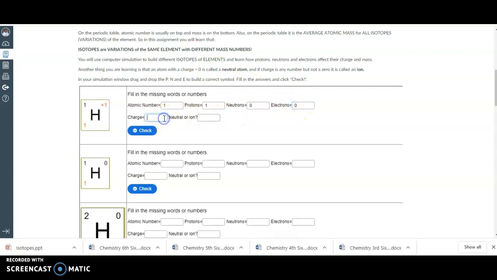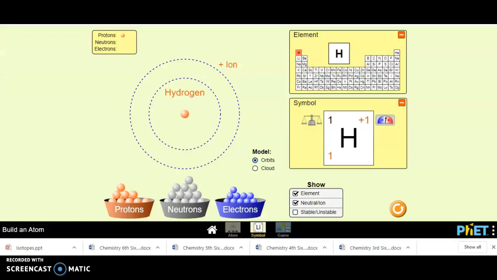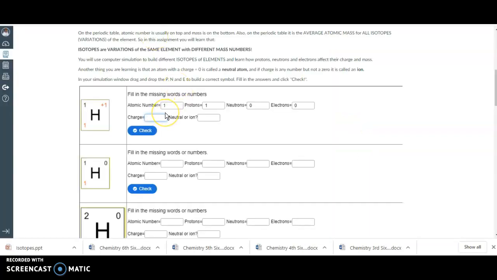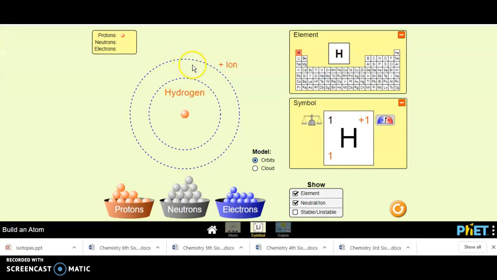And then the charge is the charge you have on the atom, in this case plus 1, which is right here. So you go over here and put in plus 1, and then you indicate if it's a neutral atom or an ion. It's right here.